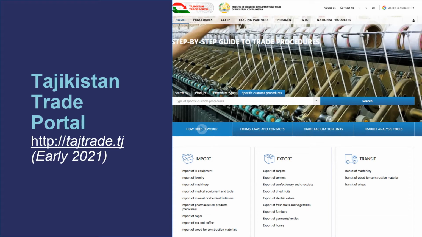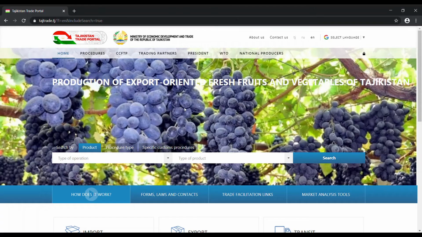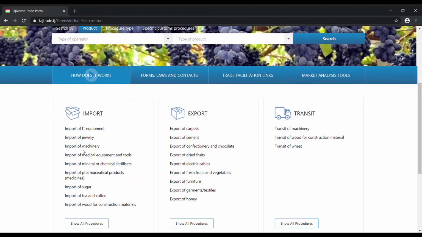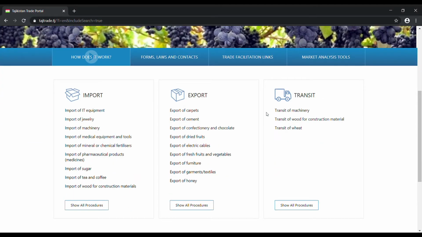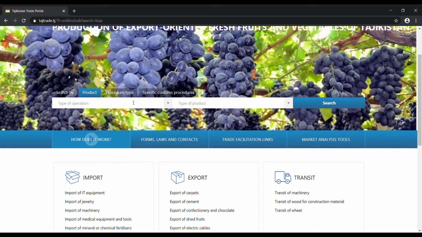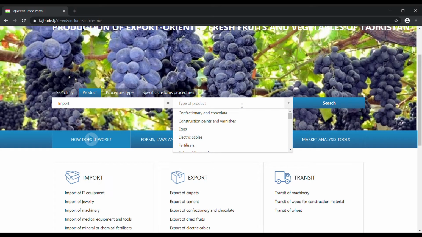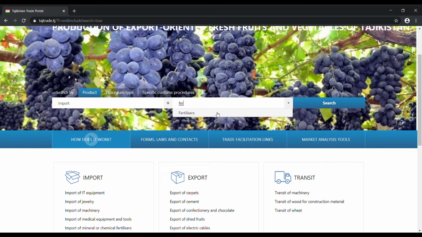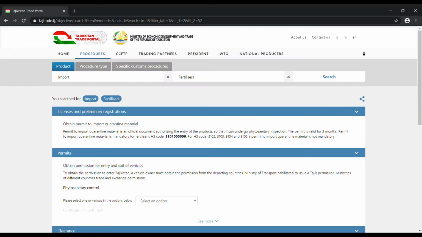Now, it would be useful to go through some examples of what trade information portals can look like as of early 2021. This is Tajikistan's portal. One of the main features on many portals is a search function, which returns the trade procedures for some given goods. Here, you can select if you're interested in import, export, or transshipment procedures, and here you can select your goods and country of origin.